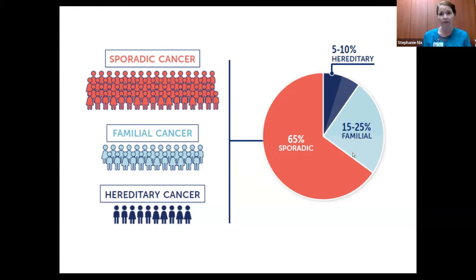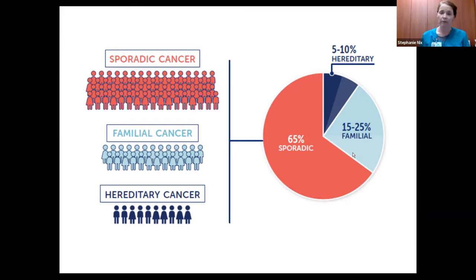Now, the unique thing about this pie chart here is you'll see the difference between sporadic and familial. So sporadic are those cancers that we think about being very environmental related. There aren't any specific genes involved in this. Familial occurrences of cancer basically mean that there are clusters of cancer in the same family.